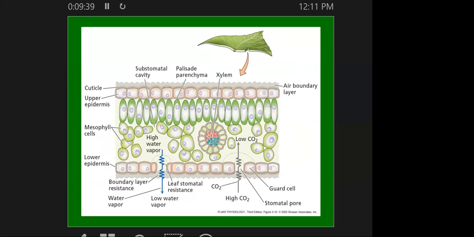And so think about it. If you stir up that boundary layer, you stir up those air molecules, it's going to help get water vapor out quicker. It's like you sweating, putting a fan on you versus no fan. Essentially, when you stand in front of a fan, your boundary layer is disrupted, and it's letting you sweat. Same idea with transpiration.